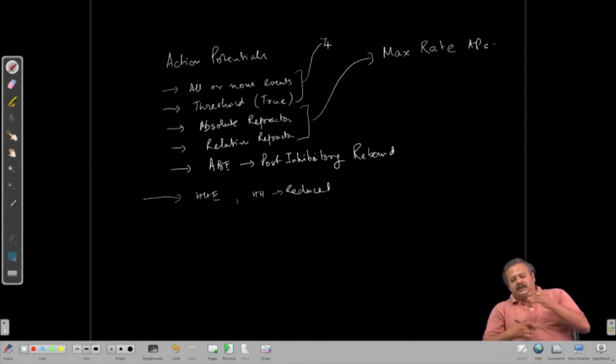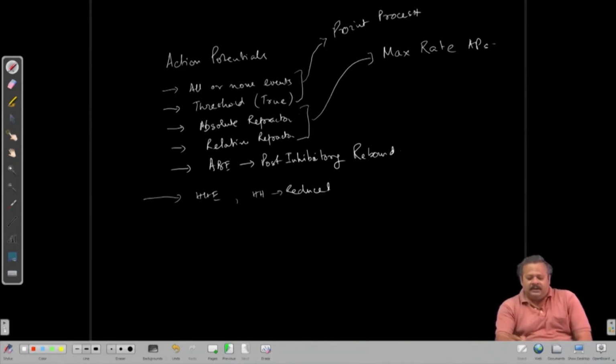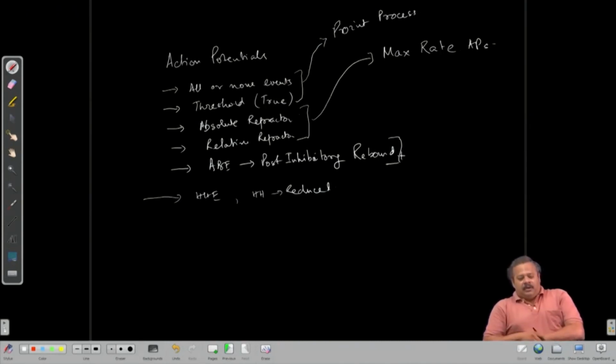So, the size of the action potential would not matter, but they will be simply dots or events in time, and so that tells us that we can have action potential trains to be modeled as a point process. And this, of course, we have already mentioned the post inhibitory rebound in terms of stimulus off periods and so on.